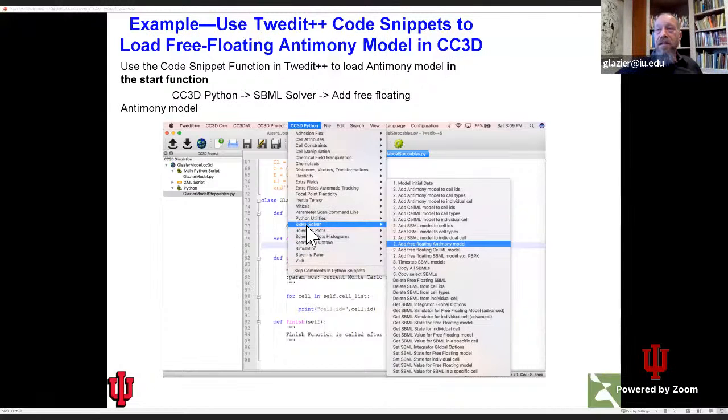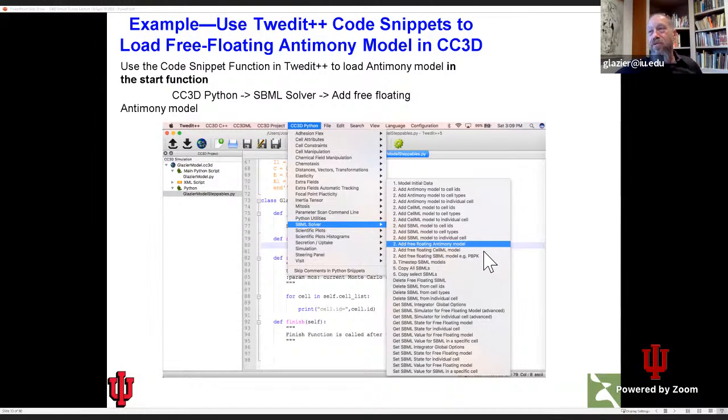Here, there are these SBML solver routines. Again, SBML rather than antimony as a name. And there are quite a few options here. Specifying initial conditions, adding antimony models, CellML models, SBML models. This is a bit old. There are now MaBoSS models also you can load.